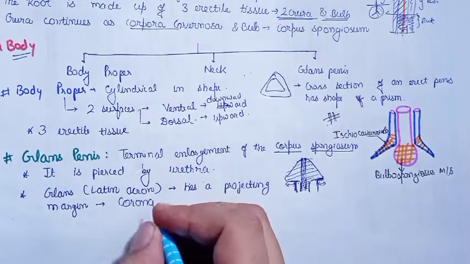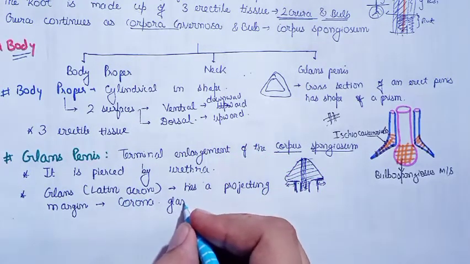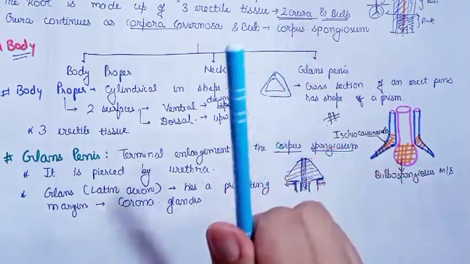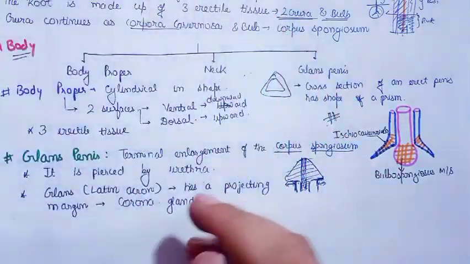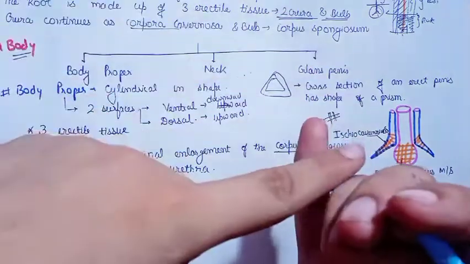Corona means the crown, so it is called the corona glandis. So this projecting portion existing whole around the body of the penis is called the corona glandis. This is very important if you talk in terms of the viva.